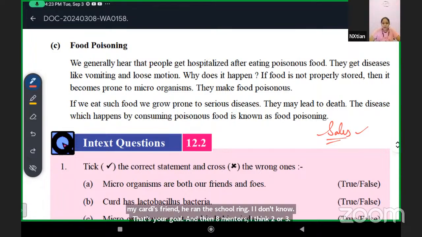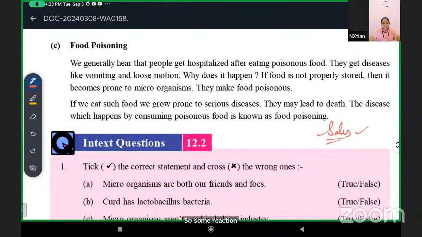They had to rush him to the hospital. So some reaction is taking place which causes some kind of poisoning inside of us when we consume two different kinds of things with different properties. We shouldn't eat them together.